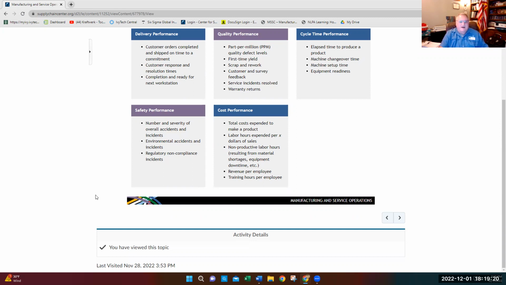And this last one is cost performance. This is where they're talking about labor versus non-labor, or production versus non-production. When they are waiting for parts or the equipment goes down, all of those things go into the simple math.